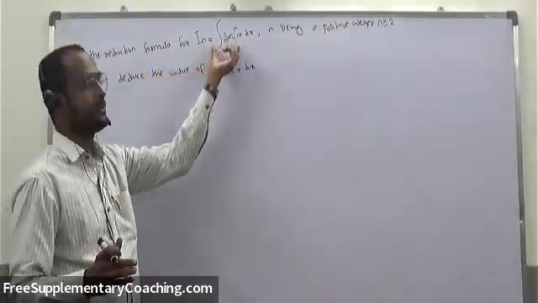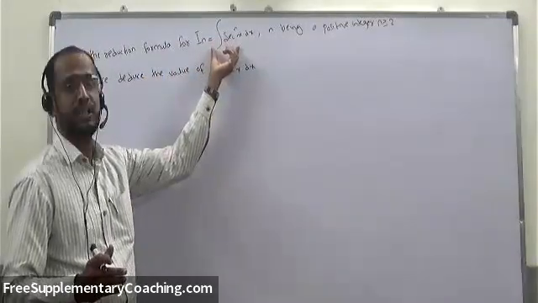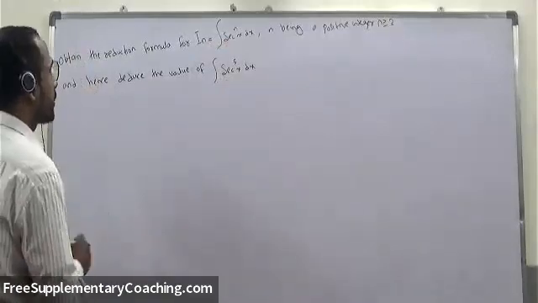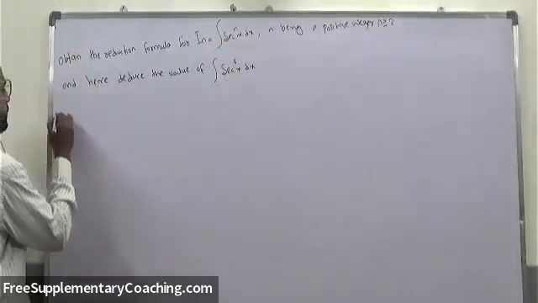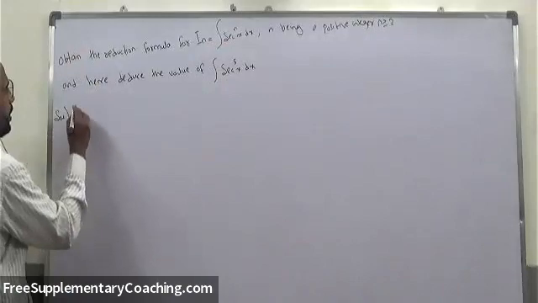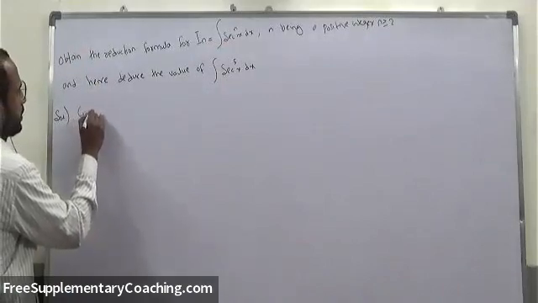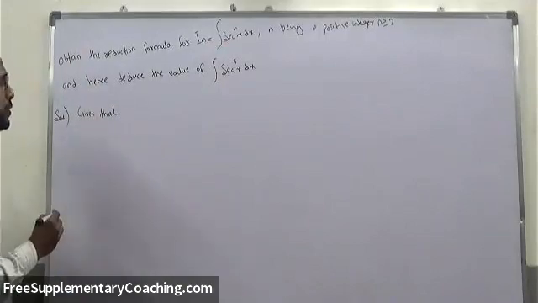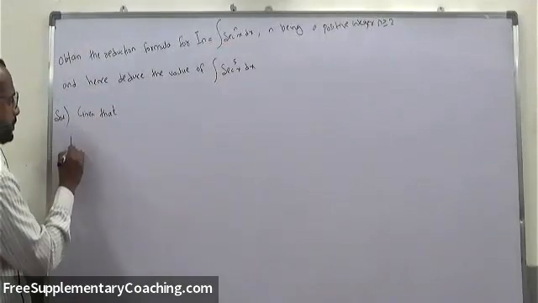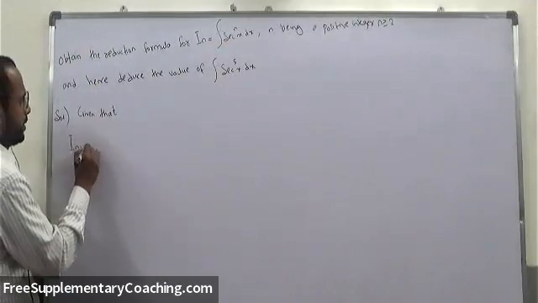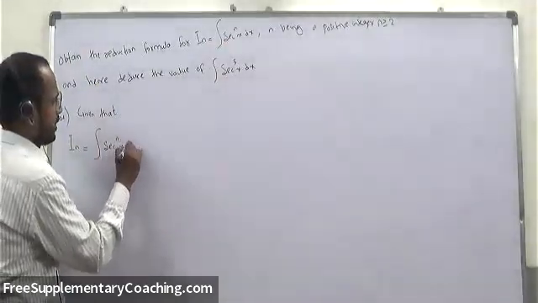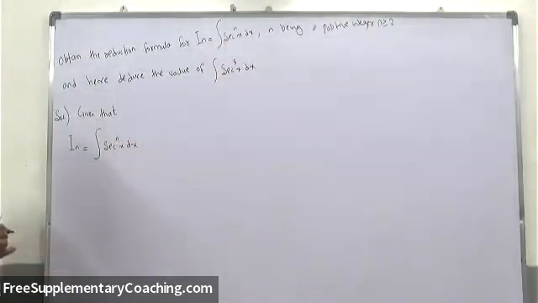So first, how do we find the reduction formula of integration of secant power n x dx? Look here. Solution. Given that In is equal to integration of secant power n x dx.